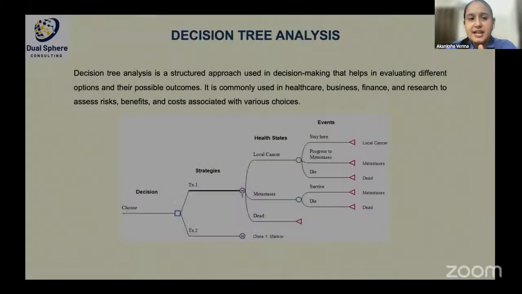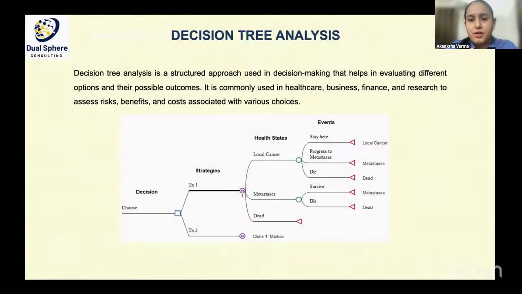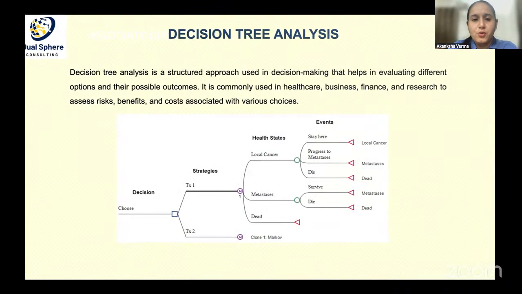Again, the decision tree analysis. I've already covered it yesterday, so I won't take much time. Decision tree is basically a tree-like structure where you have a structured approach in decision making. You go from your chance node to the terminal node. There are different types of nodes.